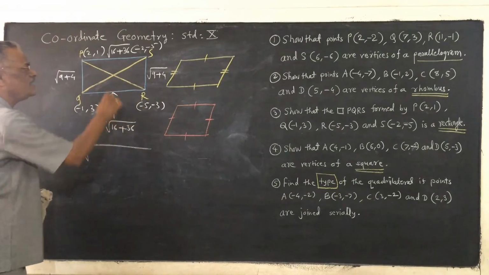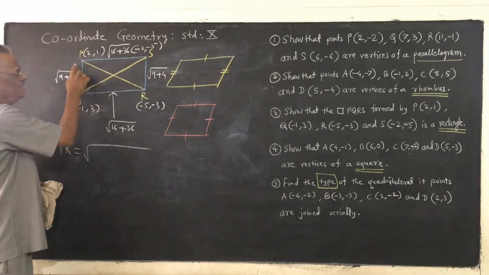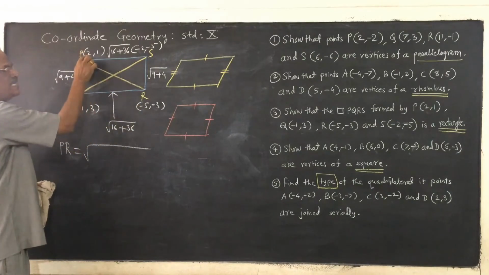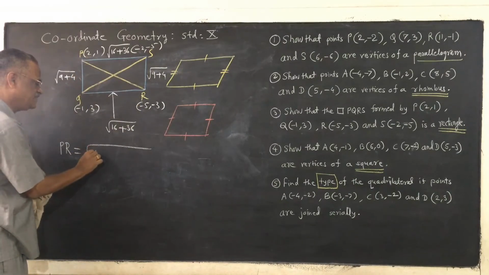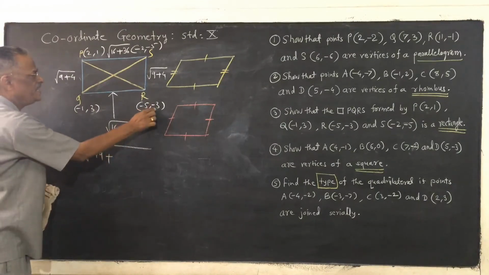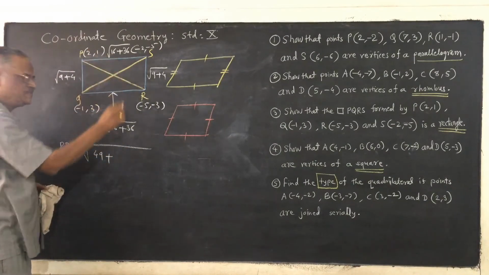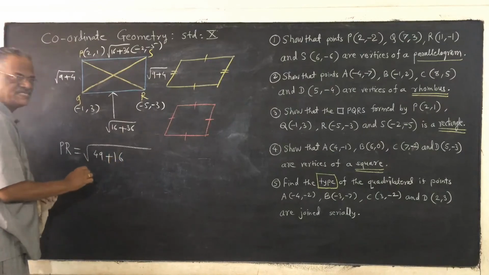Then you calculate PR, the diagonal of this quadrilateral. -5 minus 2 is -7, square is 49. -3 minus 1 is -4, square is 16.